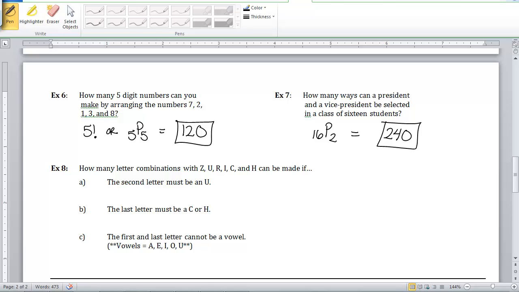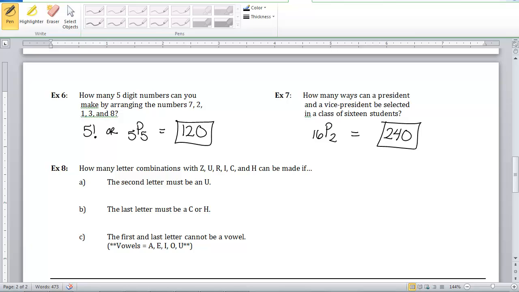In example 8, we want to know how many letter combinations with Z-U-R-I-C-H can be made if the second letter must be a U. Now remember, you can still use the basic counting principle here if you'd like. And I personally think that when you are trying to do different permutations with restrictions or specific things, it is easier to use the basic counting principle.